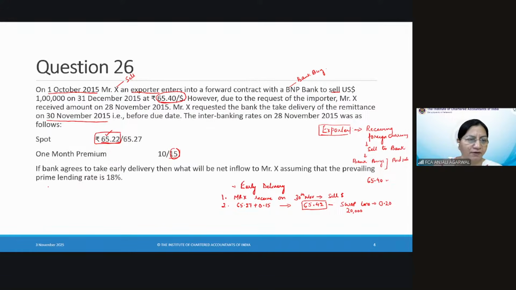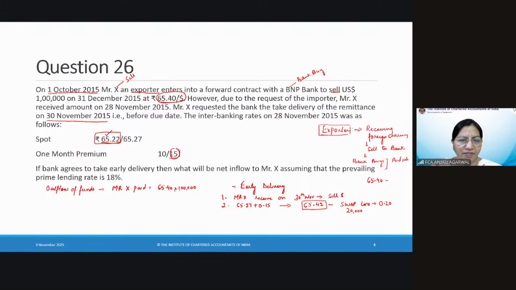So there will be outflow of funds early from the bank's perspective. How much? Mr. X would be paid exactly 65.40 as contracted.